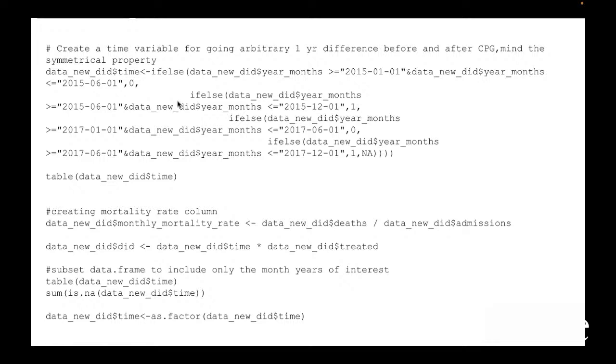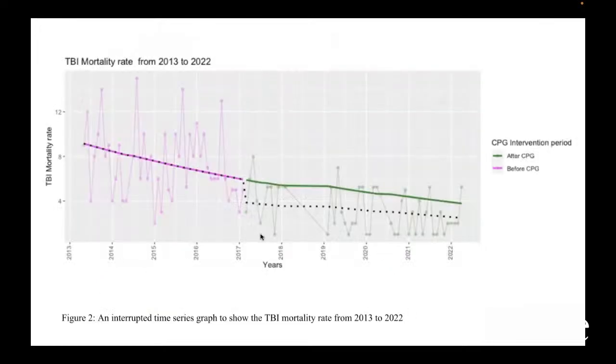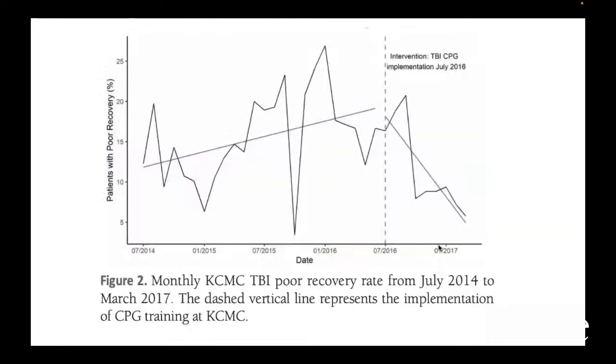You create the variable arbitrarily, because remember the CPG intervention occurred in July 2016. So from July 2016, you have to choose one year later and one year back. You can't choose two years later or two years back from the intervention. Sorry, you have to choose one year after the intervention and one year before the intervention.